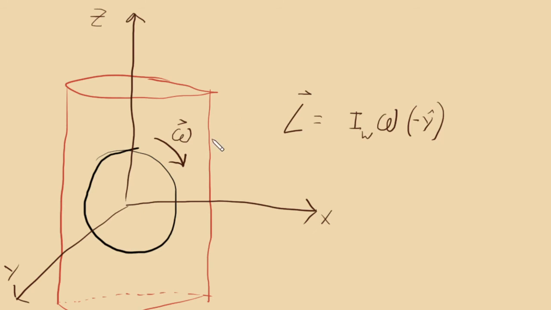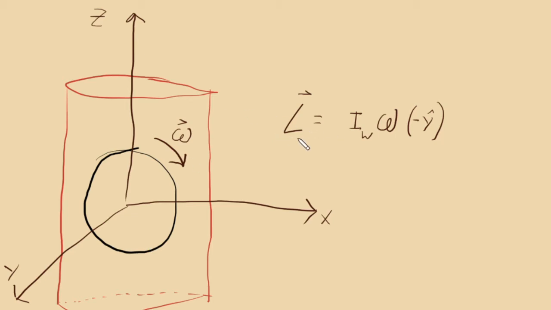So I attempted to draw this as simply as possible. This red cylinder is supposed to represent the girl, and this black wheel inside is the spinning tire that she's holding on to. If we look at the initial condition, we have this wheel rotating in the ZX plane, and since it's rotating forward, if we follow the right hand rule, our thumb points in the negative y direction.